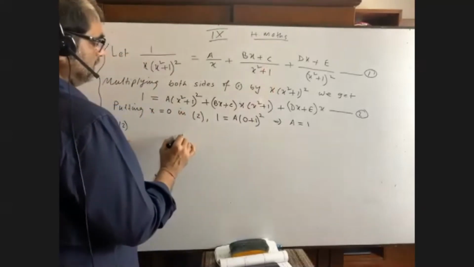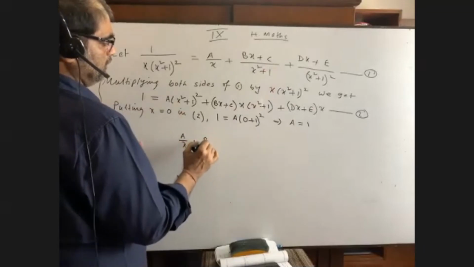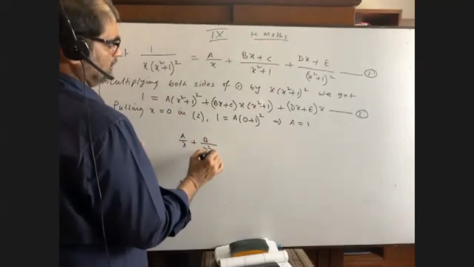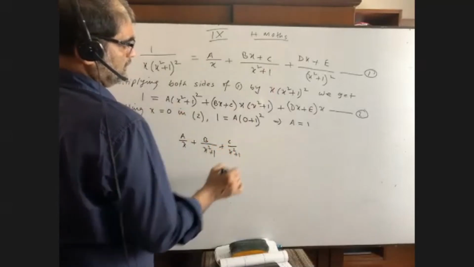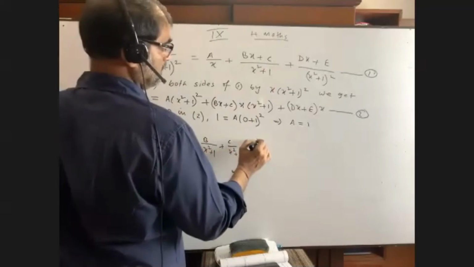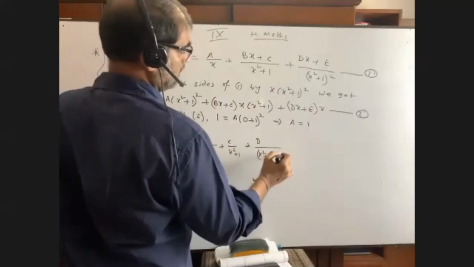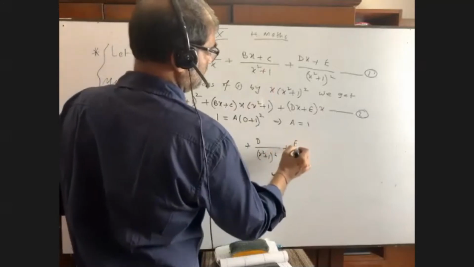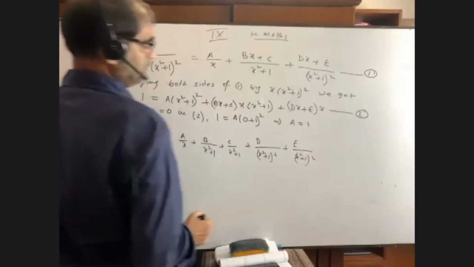Suppose it would be a by x. Suppose it would be b by x square plus 1. It would be c by x square plus 1. It would be d by x square plus 1 whole square. It would be e by x square plus 1 whole square. Right?